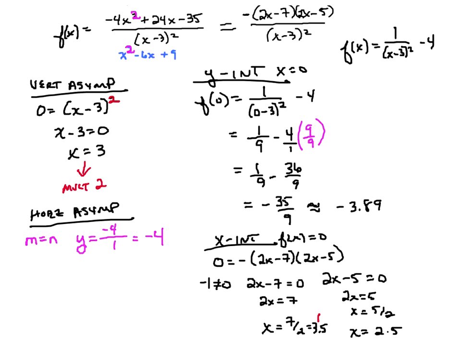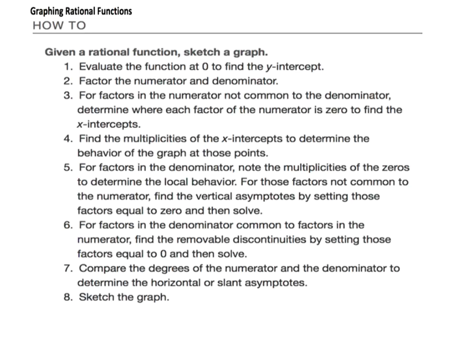Okay, so I have x-intercepts at 2.5 and at 3.5. These both have a multiplicity of 1. And so this is going to tell us how that thing crosses the x-axis. We've already learned that. Those completely cross since they have a multiplicity of 1.